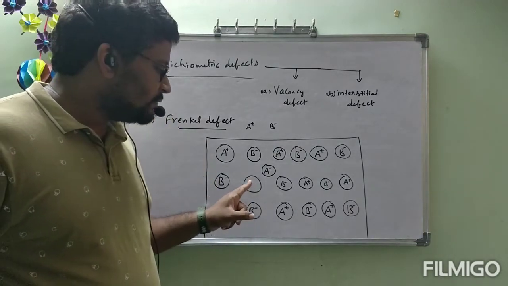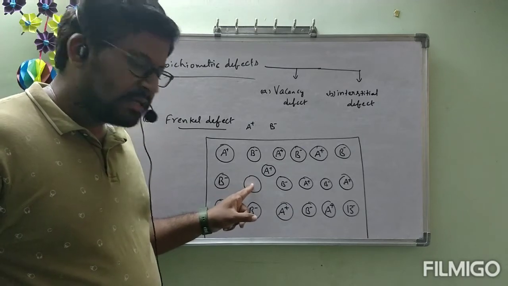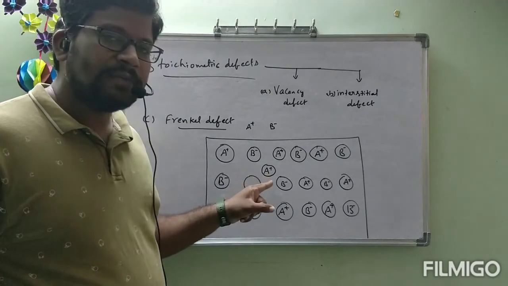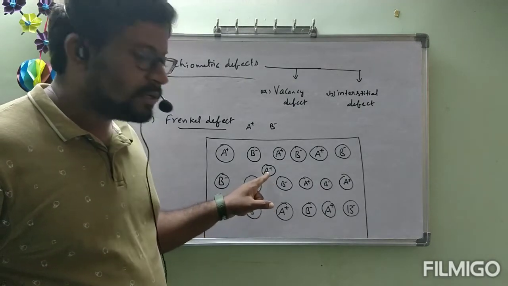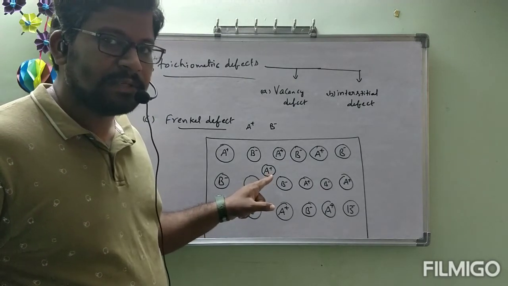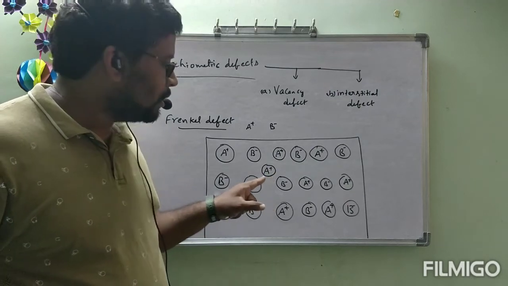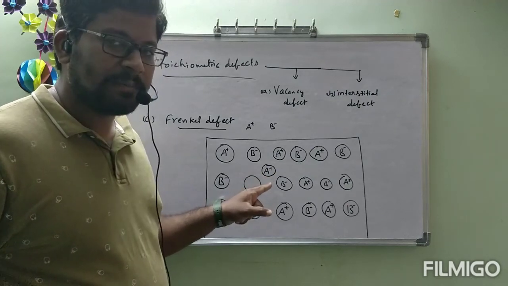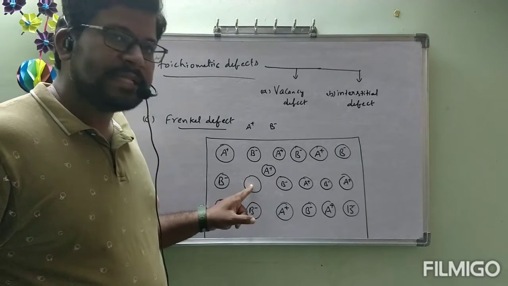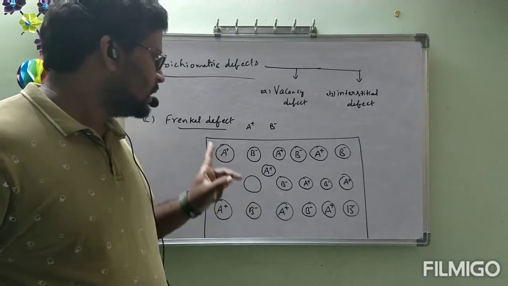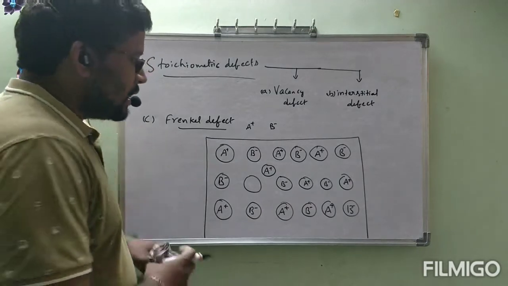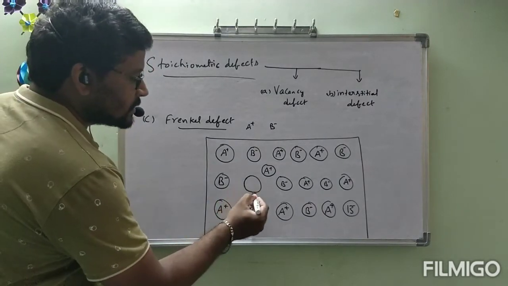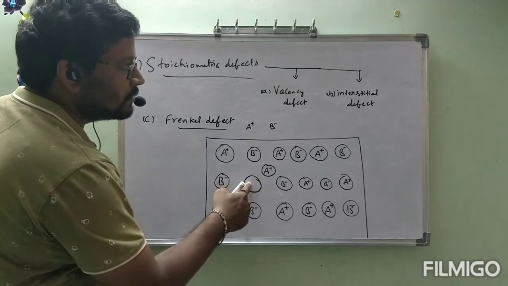Instead, A plus ion is occupying one of the interstitial positions. Actually, this is not a lattice point. It is an interstitial position, a void. Into that void, A plus is occupied, where here vacancy is observed. This Frenkel defect is nothing but in one of the positions vacancy happened.